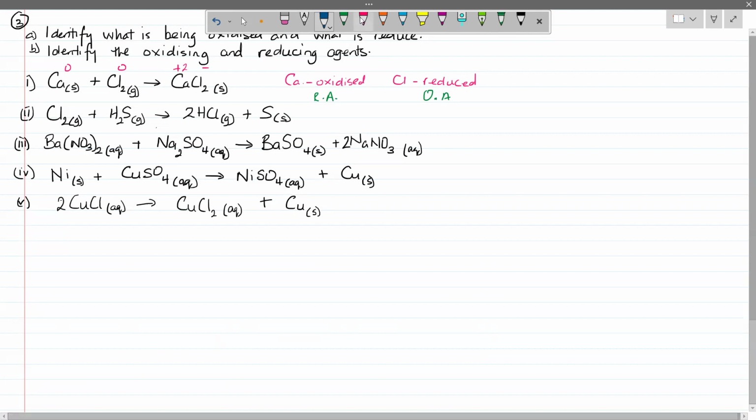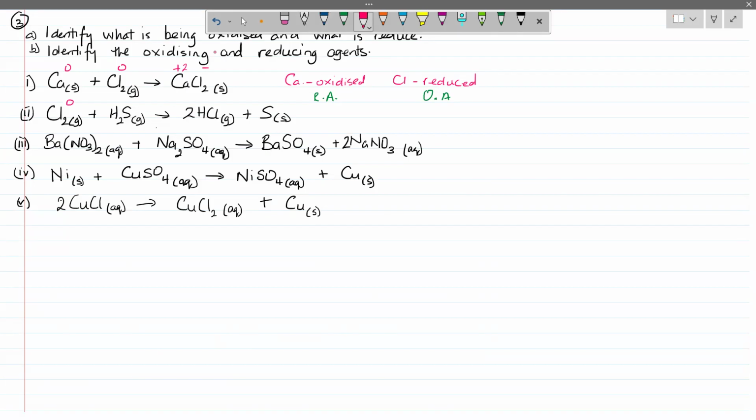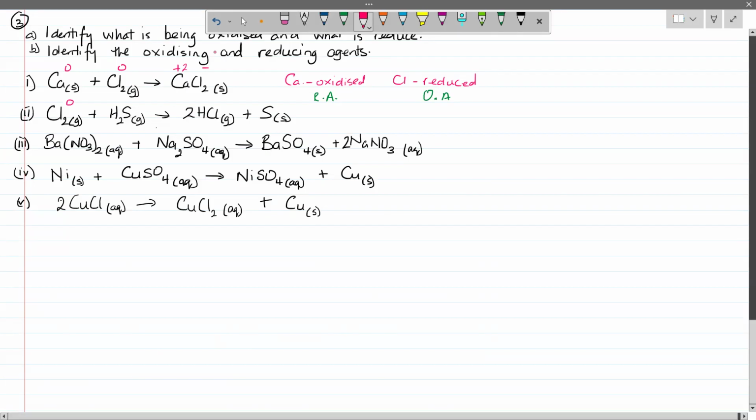So we have chlorine again with our oxidation number 0, right? Here, what we need to do is we cannot just look at the overall oxidation number of hydrogen sulfide. We need to think about what each individual oxidation number is here. So hydrogen is a +1, right? I could tell because that's usually the oxidation number of hydrogen, except in the case of metal hydrides.